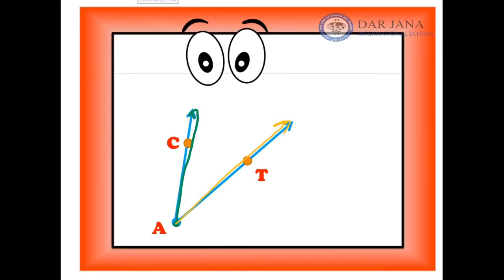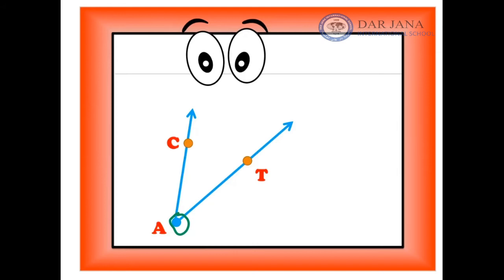So I have two rays, right? And these two rays meet at only one common end point, which is A.